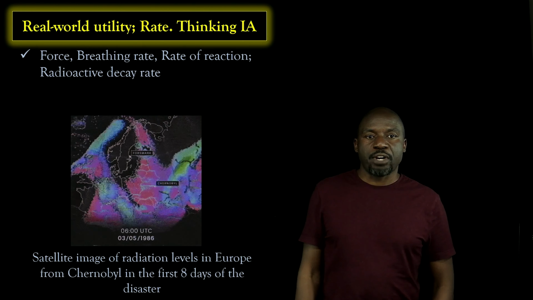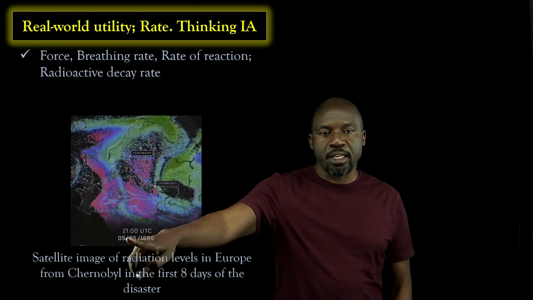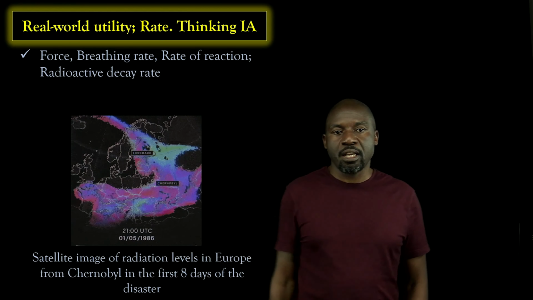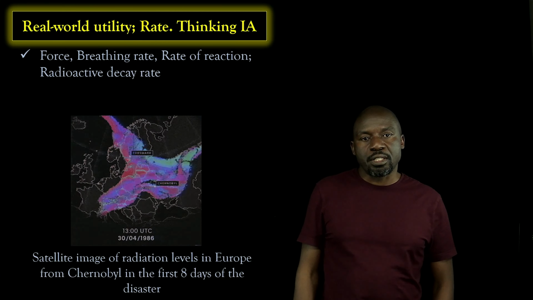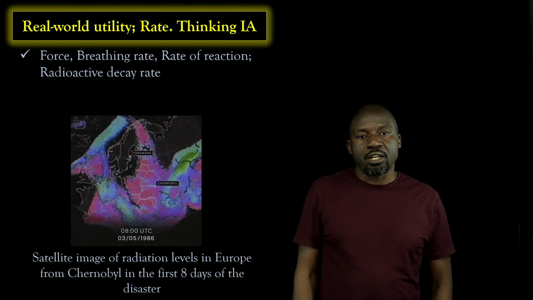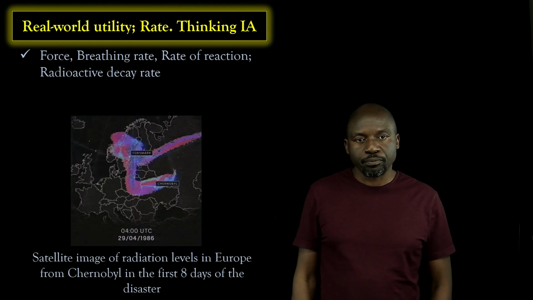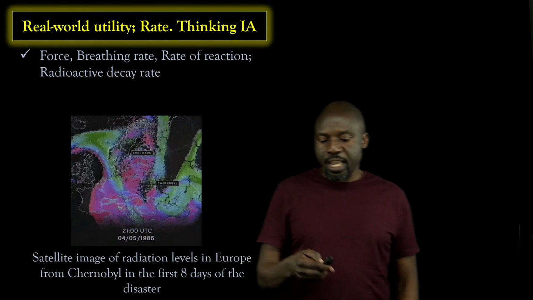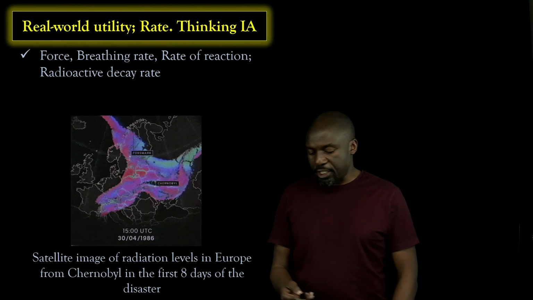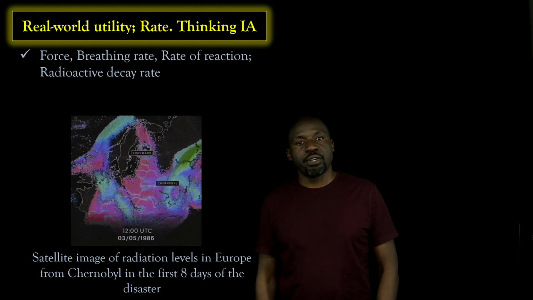This was the first 8 days. If you look at the data there, it's showing the first 8 days after the accident, right? And you can see how the radiation spread across Europe. All right. So that is related to radioactive decay, which is what takes place at the Chernobyl facility.